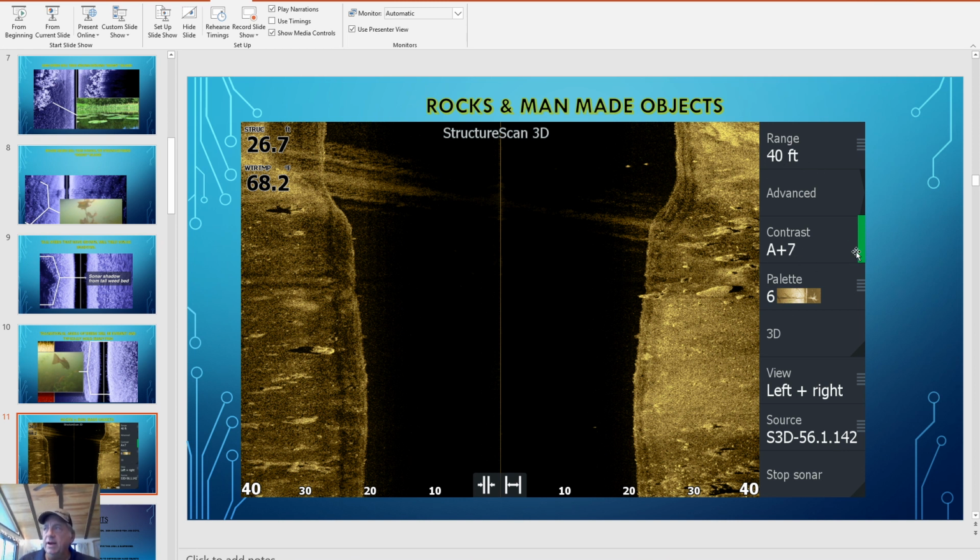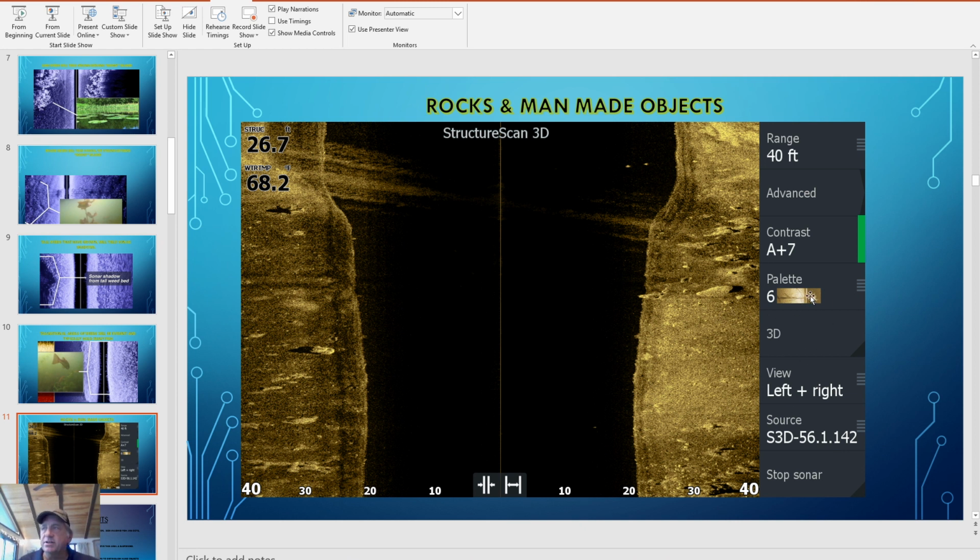Contrast, with this green bar, I can tell on this unit, the same is true with the HDS Lives. I know I have contrast set to auto, but you can still adjust it, which is this auto +7. So I actually have the contrast set very high right now, and that's to give me a better image between harder, lighter, and darker objects.